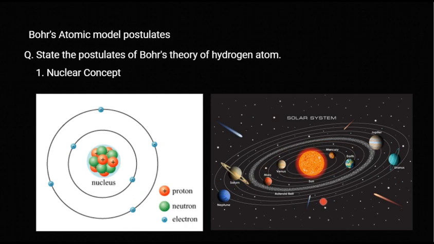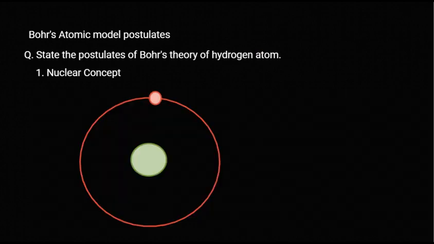The electrons which revolve around this nucleus should have a centripetal force, a force which pulls the body towards the center. This force is provided by the electrostatic force between the positive charge nucleus and the negative charge electron.